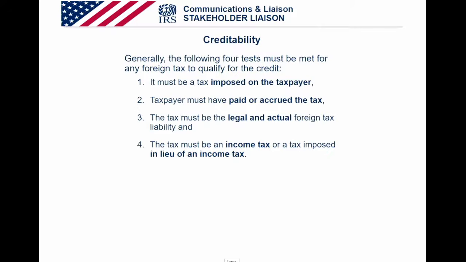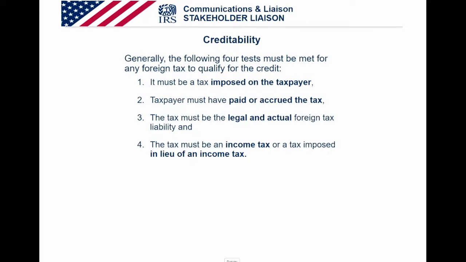There are some instances in which taxpayers can claim the credit even if they did not directly pay or accrue the tax, such as if a joint tax return is filed, the spouses can claim the credit based on the total foreign income taxes paid or accrued by both spouses, a partner or an S corporation shareholder, or a beneficiary of an estate or trust. And for a more extensive list, you could refer to Publication 514.